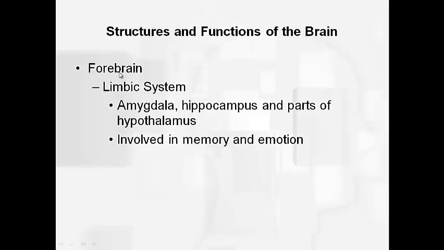There is also the limbic system in the forebrain, composed of the amygdala, the hippocampus, and parts of the hypothalamus, involved in memory formation as well as emotional reaction. You can actually look in your textbook to identify these particular areas within the brain.